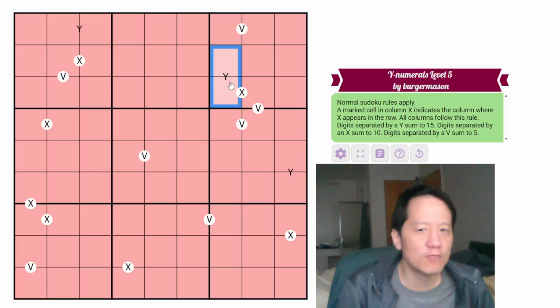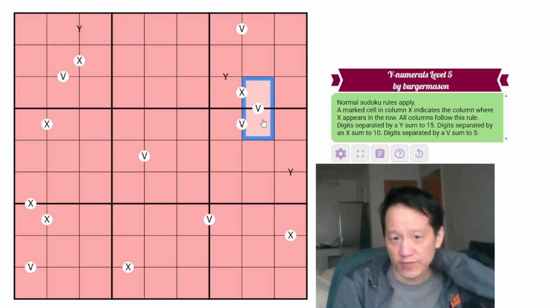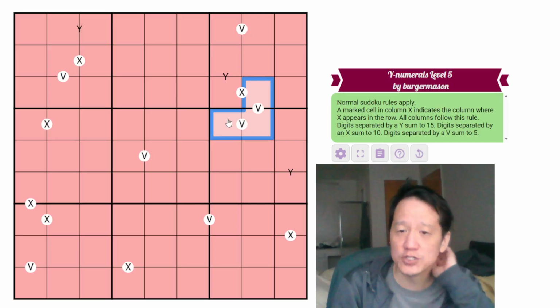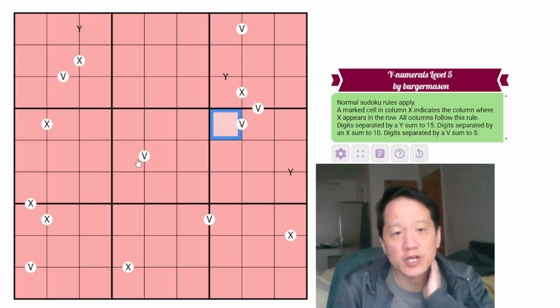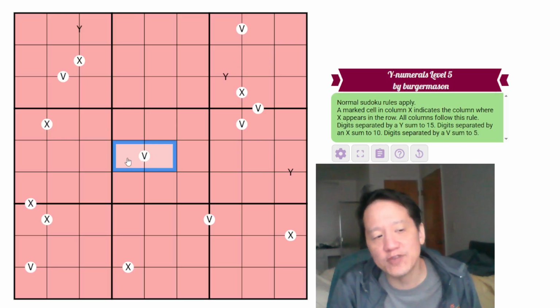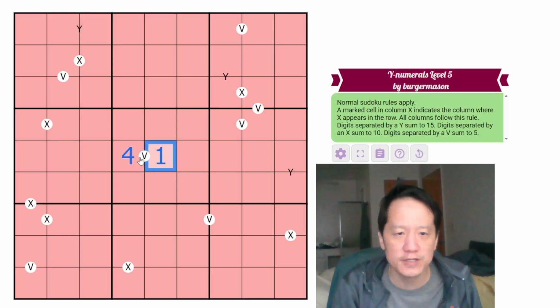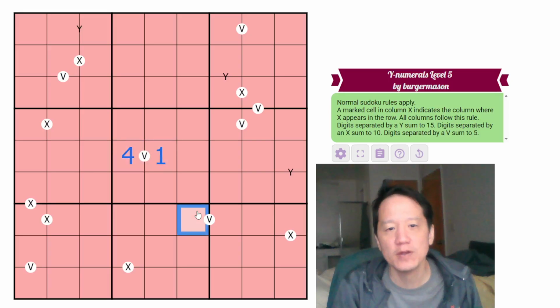And Y is not common, which is why Burger Mason calls this puzzle Y-numerals, because X and V are very common rule sets that are used in variant Sudoku puzzles. So again, for the V's, the digits separated by them must add up to 5. So for example, if this was a 4, this would have to be 1 to add up to 5 here.